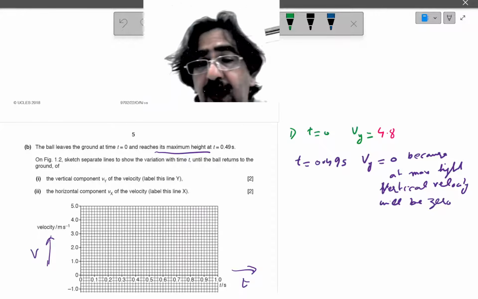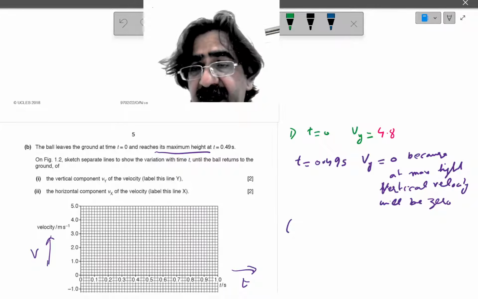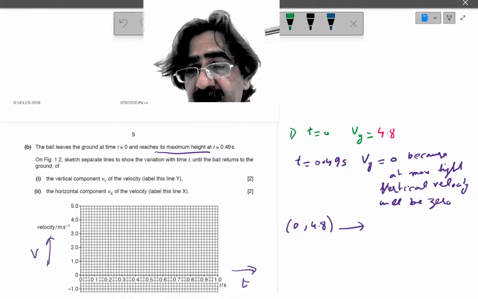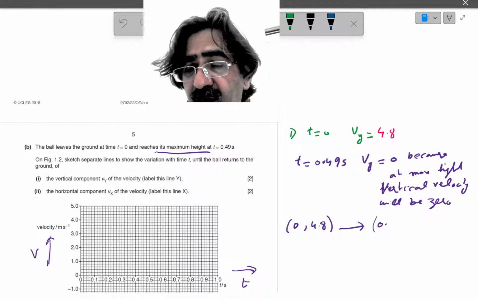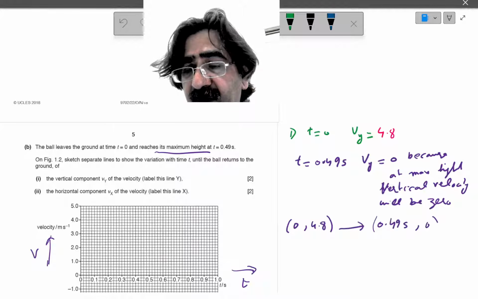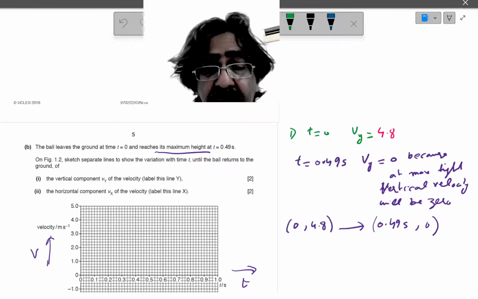If I take the time axis from 0, then we will get the coordinate pair 0, 4.8, and after the second time of 0.4 second, the final vertical velocity will be 0.